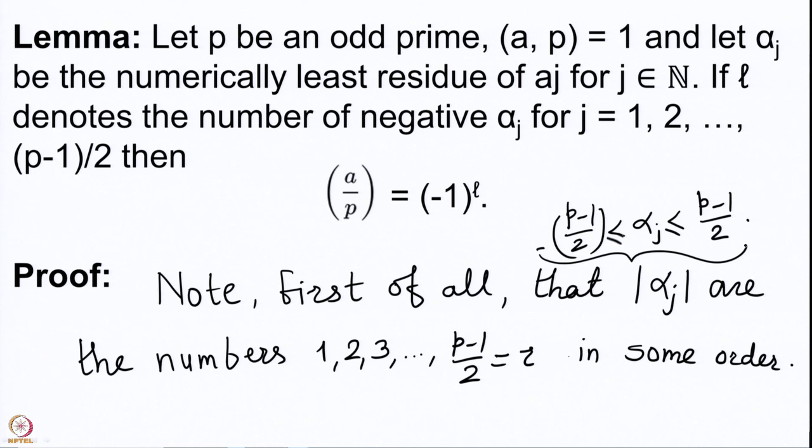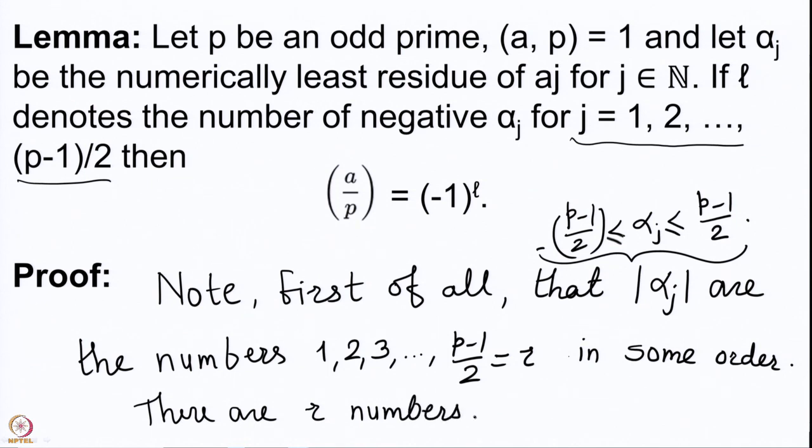So, we have exactly these many alpha j's. Moreover, we are taking these products for j going from 1 up to (p minus 1) by 2. So, the number of these alpha j's is also r. We have alpha 1, alpha 2, dot dot dot, alpha r.